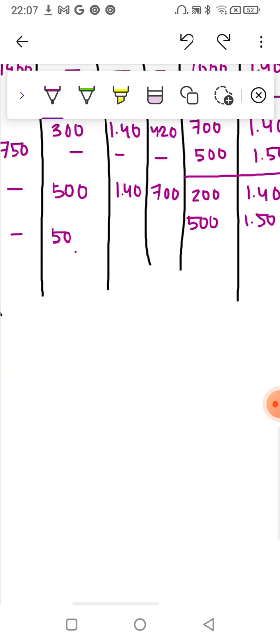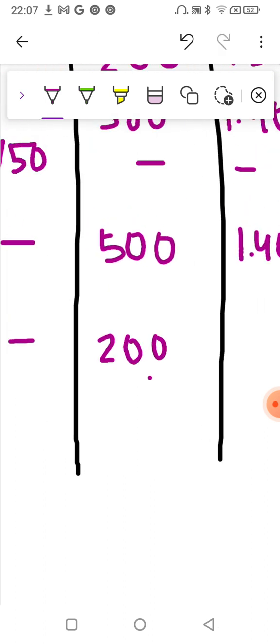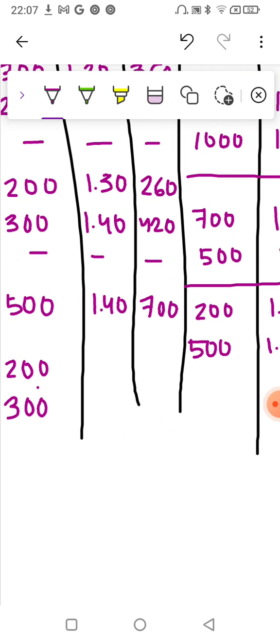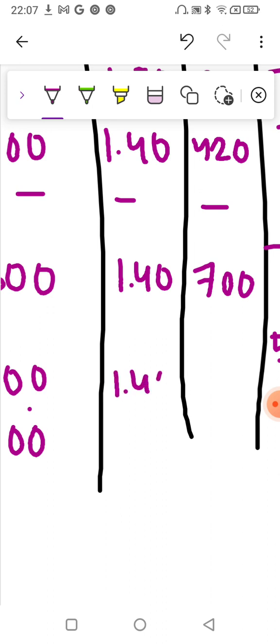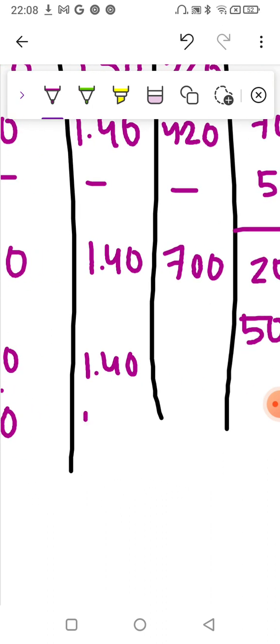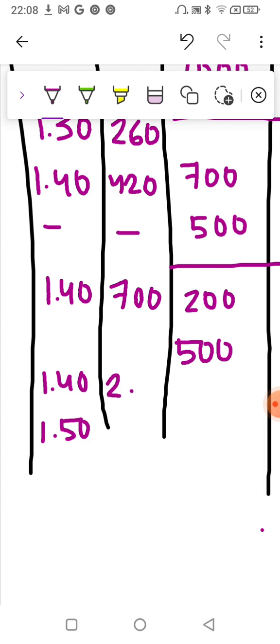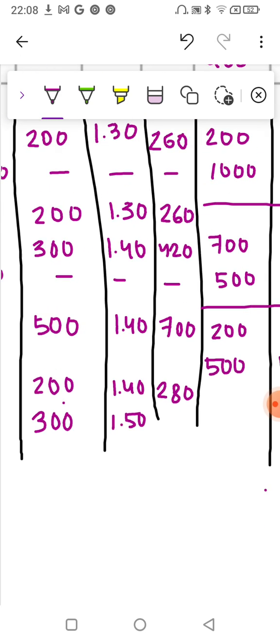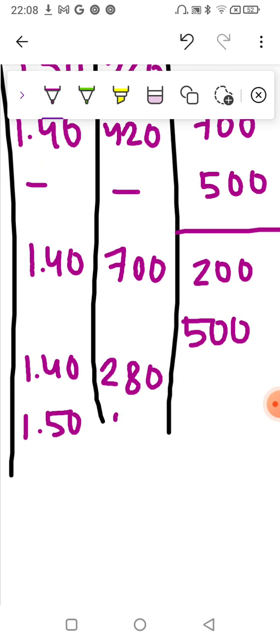So we are going to split this 500 into two parts. The first part will consist of the 200 remaining from the previous stock and 300 from the rest of the stock. So 200 from the 1.40 category and 300 from the 1.50 category. We multiply: 200 into 1.40 we get 280, and 300 from the 1.50 category we get 450.